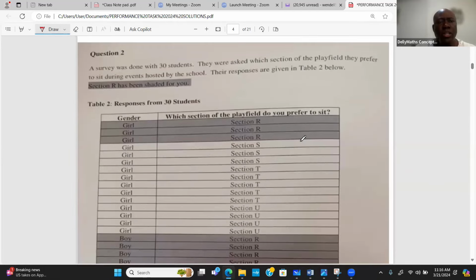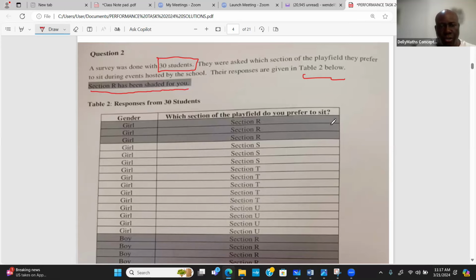Question 2. A survey was done with 30 students. We want to make sure that we make note, we have 30 students there. They were asked which section of the playfield they preferred to sit during events hosted by the school. Their responses are given in table 2 below. Section R has been shaded for you.